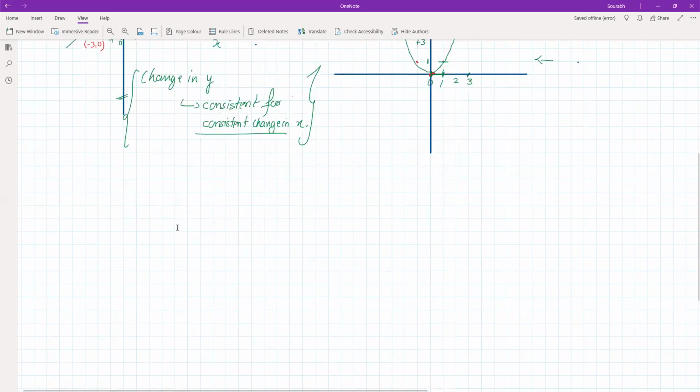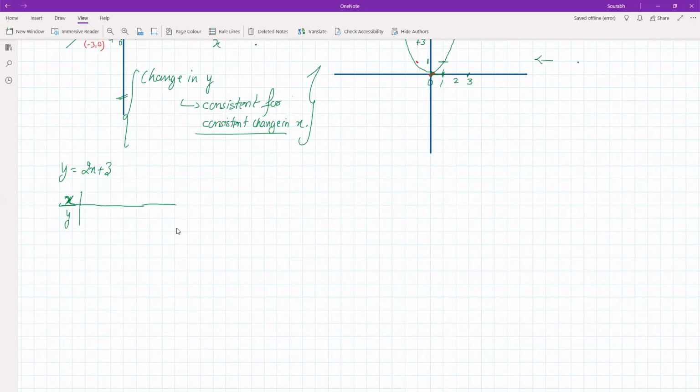So we'll take another example. Say for example, y is equal to 2x plus 3, right? And if I plot this graph, this will also be a straight line. Now try to list down some points, different values for x and y.